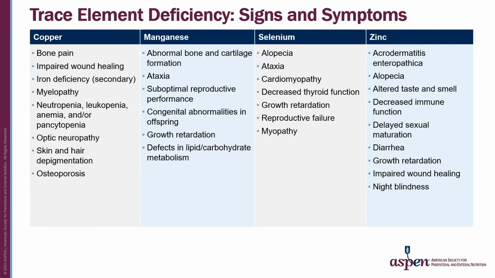Signs and symptoms of trace element deficiencies will be discussed on this slide. First, we'll start with copper. Signs and symptoms include bone pain, impaired wound healing, iron deficiency as a secondary cause, myelopathy, neutropenia, leukopenia, anemia, and/or pancytopenia, optic neuropathy, skin and hair depigmentation, or osteoporosis.